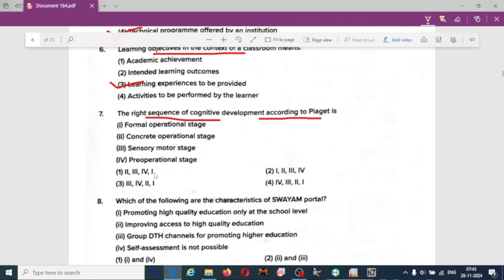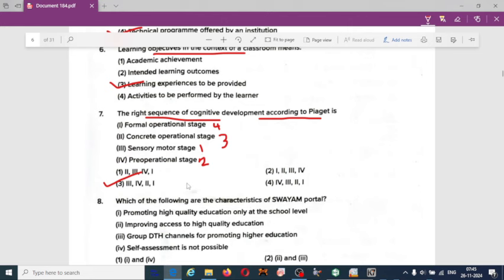So the first one is the sensory motor stage. The second one is the fourth one, preoperational stage. The third one is the concrete operational stage, and the formal operational stage is the fourth. This is the order we can arrange it. So option 3 is correct.